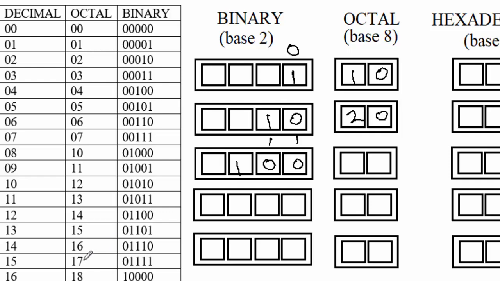Because we don't have a number. Oh, okay, so this 18 should not be here, it should be 20 right here. So this was a mistake. It should be 20. Why? Because when we add 1 here, we don't have a space for character 8, so we reset it back to 0 and carry on to the next register. So this one will change to 20. I just realized the mistake right now.